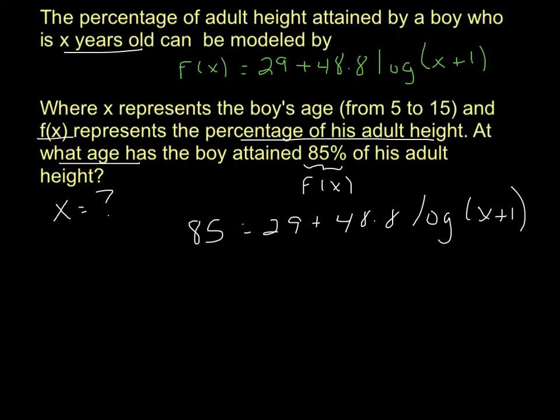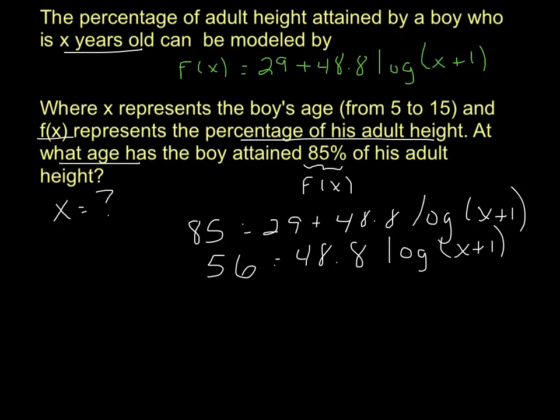From here, we're just going to need to solve. So we're going to take 85 and subtract the 29. 85 minus 30 would be 55, so that's going to be 56 equals 48.8 log of (x plus 1).